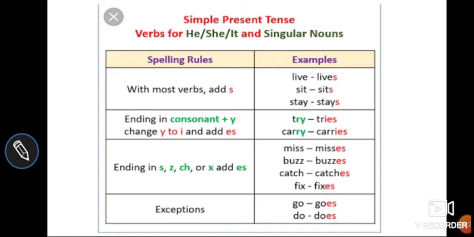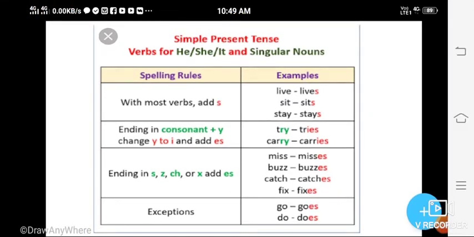Now look here. Some simple rules are like, with most verbs add s. We know that verbs are just action words. Come, go, sit, run, climb, all these are action words. So the simple rule says that if you want to say something in simple present tense, add s to the verb.